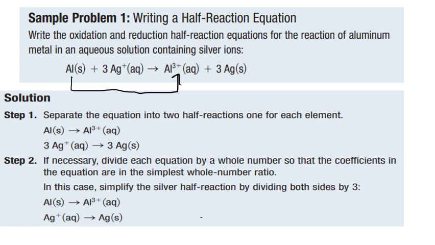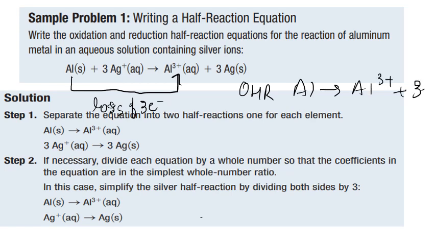So how can it be possible? By losing 3 electrons. So here loss of electrons, essentially 3 electrons. So that means what is my oxidation half reaction? It is Al turning into Al3 plus and 3 electrons. This is my oxidation half reaction, right?